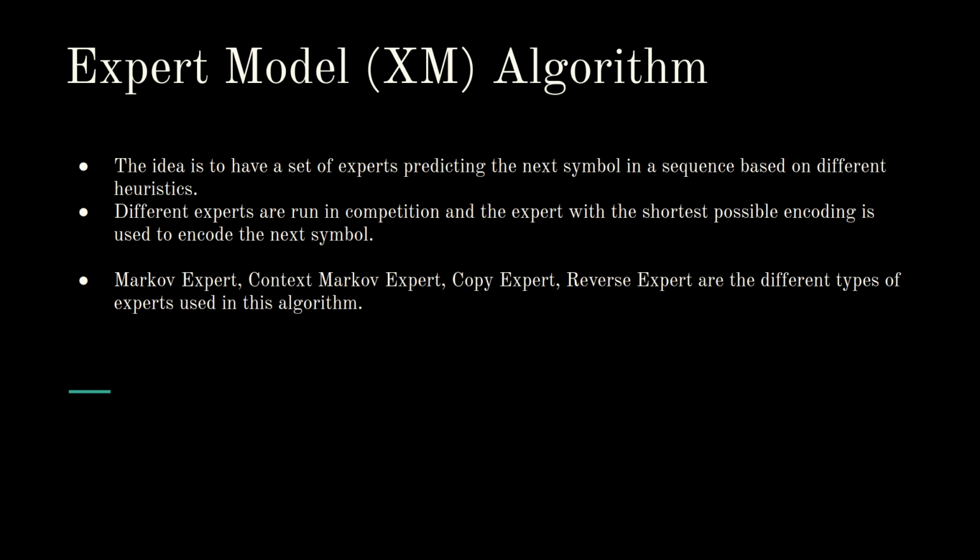This model uses the last 512 symbols to compute the probability of whatever is going to come next. Similarly, the copy expert takes the next symbol to be a part of the previous string it has seen, adds a certain offset to it and predicts the next value.